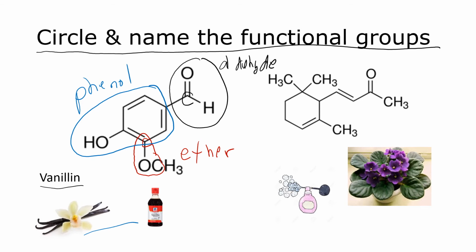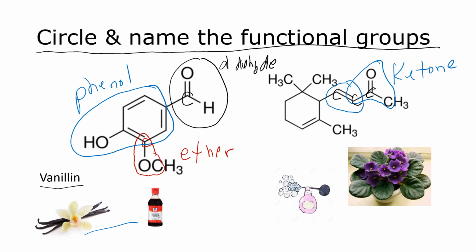The compound on the right, we have a carbon with a double bond to oxygen, and this one has carbons attached on both sides of it. So that makes this one a ketone. And this compound also has 2 more functional groups.